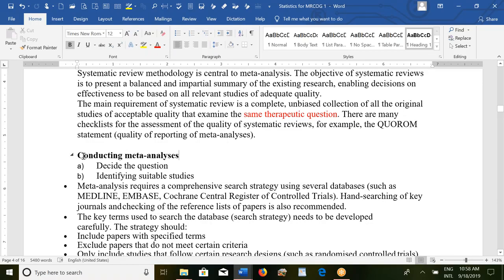So if you want to conduct a meta-analysis, how should you proceed? Decide the question, then identify suitable studies. Meta-analysis requires a comprehensive search strategy using several databases such as Medline, Embase, Cochrane, which is the central register of controlled trials, then hand searching of key journals and checking of the reference list of the papers is also recommended.